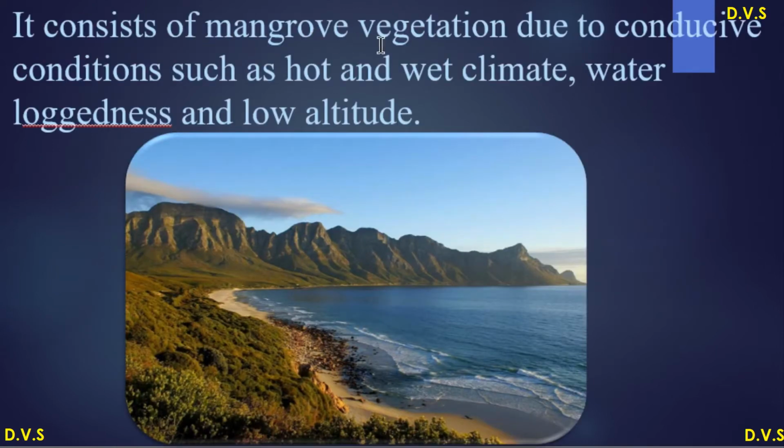It consists of mangrove vegetation due to the conducive conditions such as the hot and wet climate, waterloggedness, and low altitude. Mainly areas that are near the water body have mangrove vegetation, and that's exactly what we see in this region here. This is a mangrove forest near the coast of the Indian Ocean.